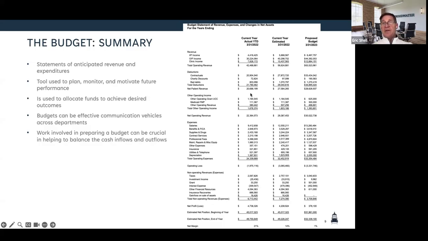And in this case, you can see, again, current year to date, current year estimated, and then this is your proposed budget for 2023. So this was 2022 actual, current year estimated 3/31/2022, and then this is the budget. So again, think of it in the form of an income statement.